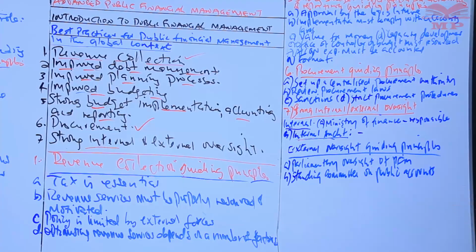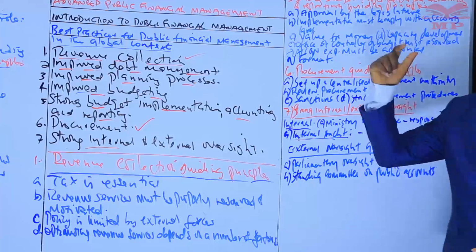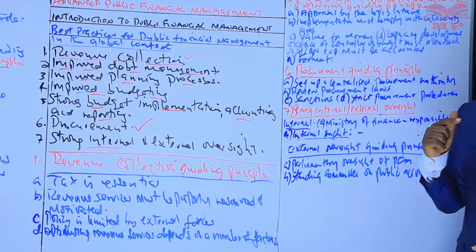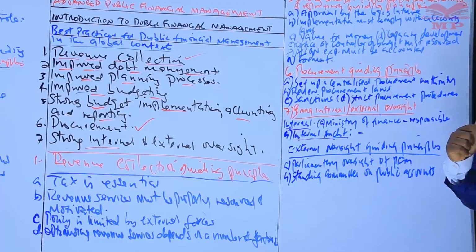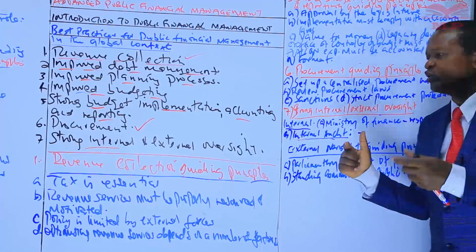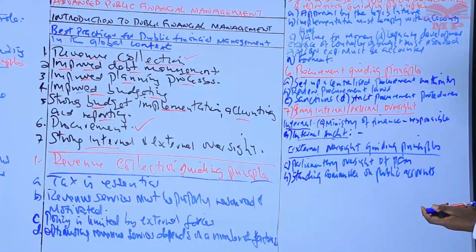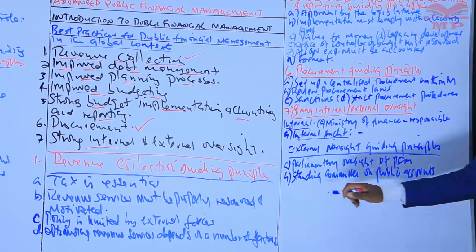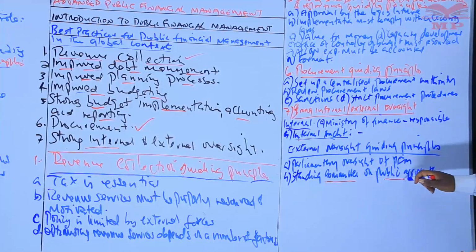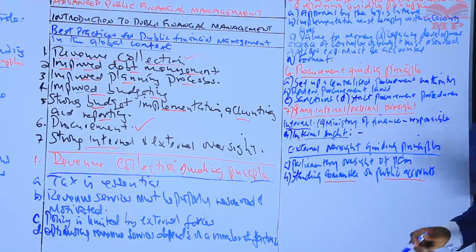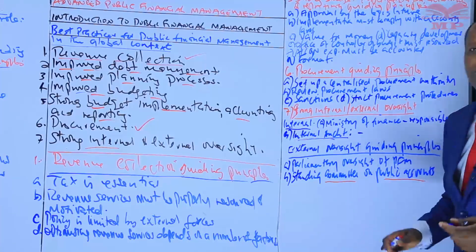This is a best practice. Standing committee on public accounts should be afforded a special status, including that its chairman be drawn from the largest opposition party. And its members must have what we call financial acumen. The members who sit on this committee, Public Accounts Committee, should be members who have what we call financial acumen.